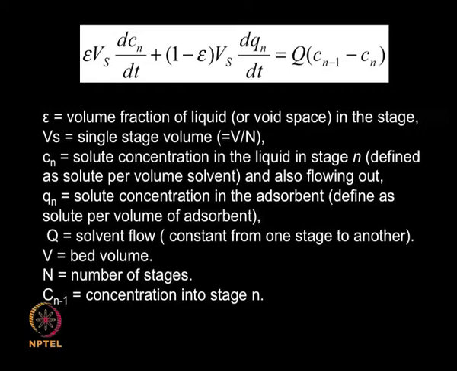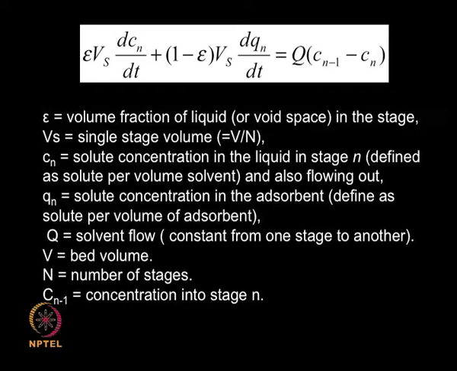Very straightforward equation. Q times Cn minus 1 is the amount of solute entering stage n, minus Q times Cn, the amount of solute leaving stage n. This is equal to the accumulation. There are two types of accumulation.